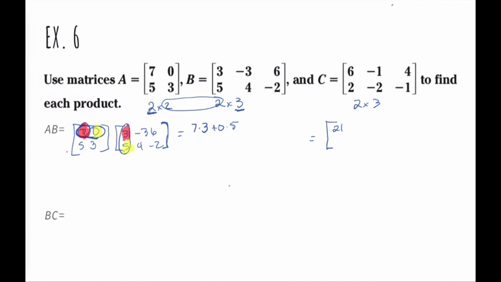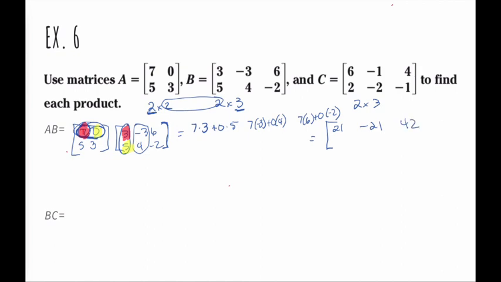And then we do that for all the other pairs. So now we do 7 and 0 times the second column. So 7 times negative 3 plus 0 times 4, and that's going to be negative 21. And then we do 7 times 6 plus 0 times negative 2, which is 42.